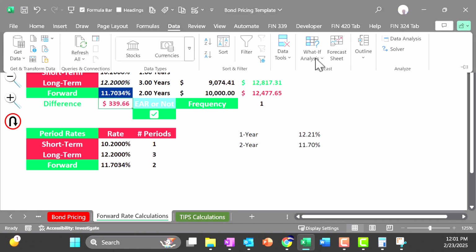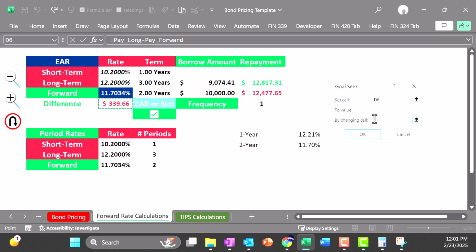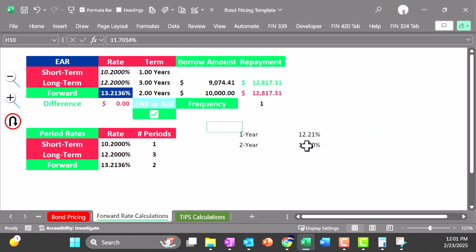Data, what if analysis, goal seek to 0 by changing the forward rate. So 1 year from now, we should expect the 2-year rates to be 13.2136.